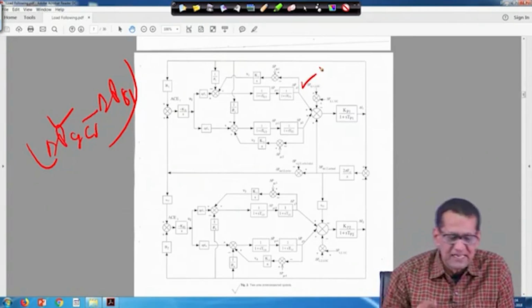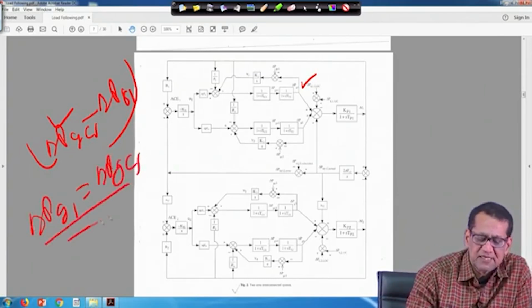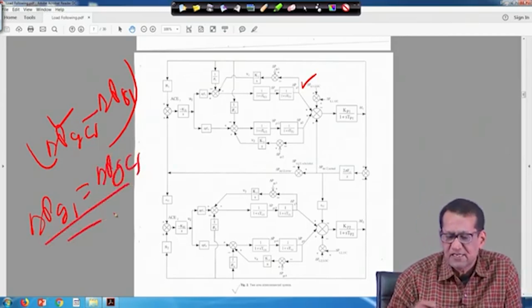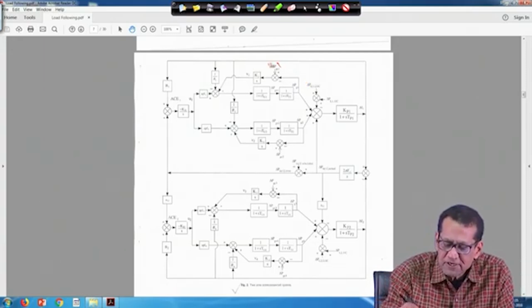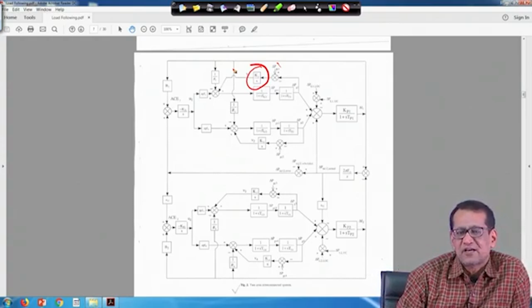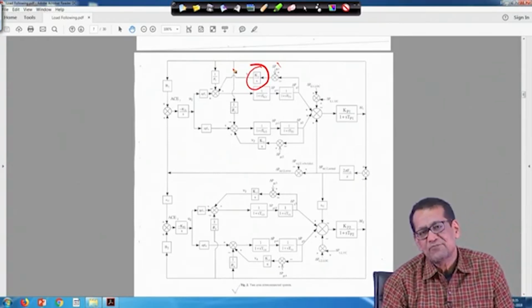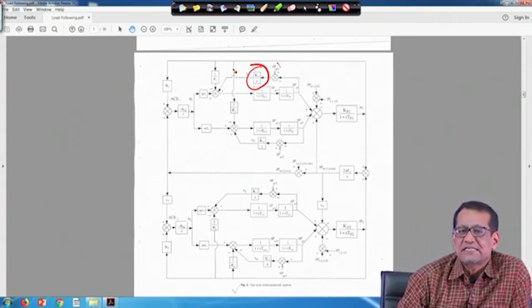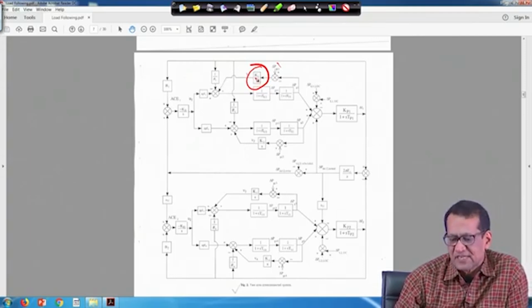At steady state this delta PG1 has to be equal to delta PGC1, because this power has to be generated. For that we are putting a load following controller, Q1 upon S, an integral controller in this case. No PI or PID, I have simply put an integral controller, right. Its gain is K1.